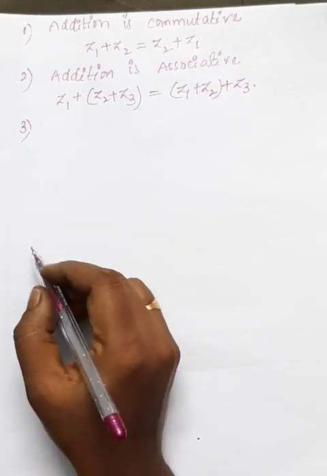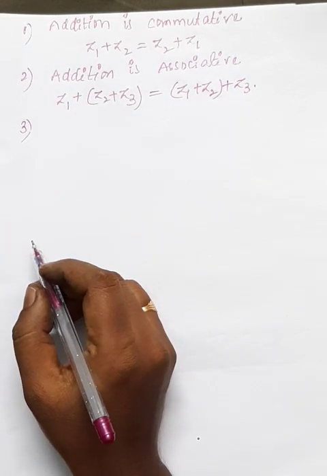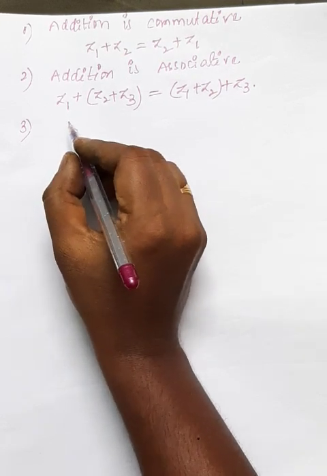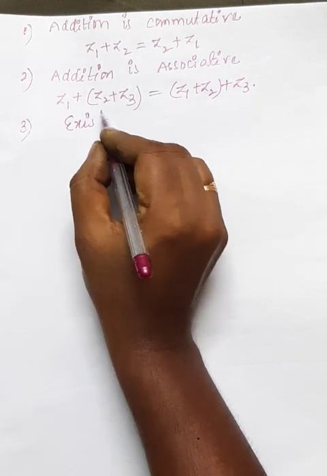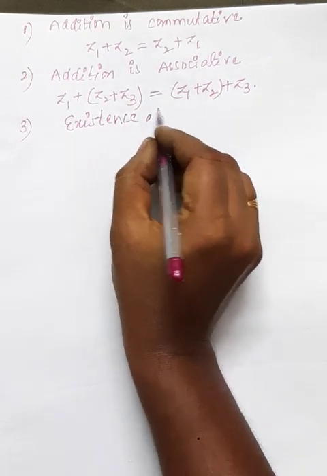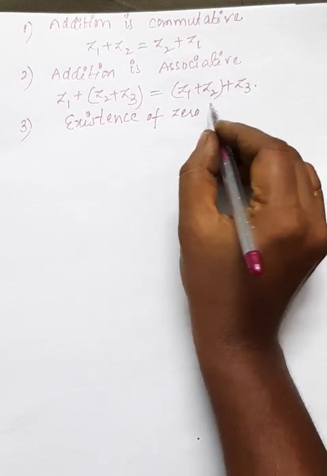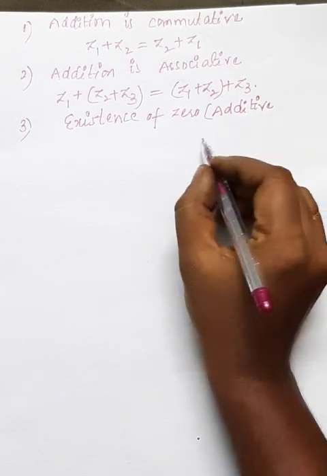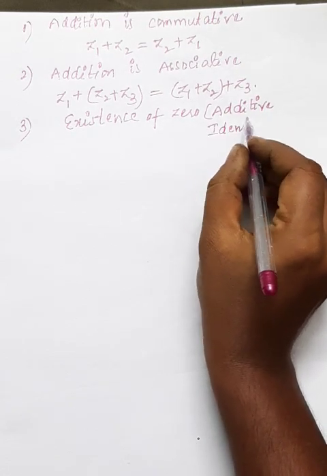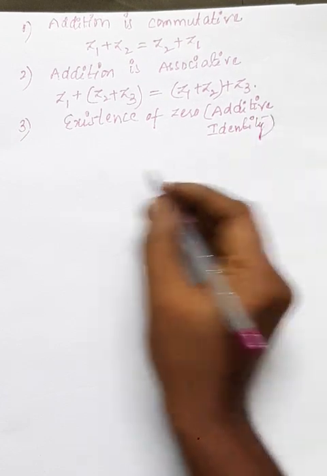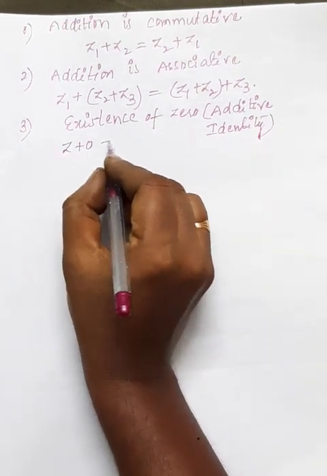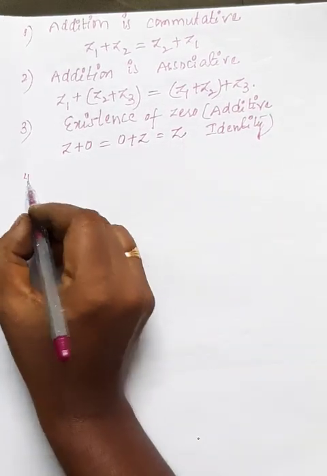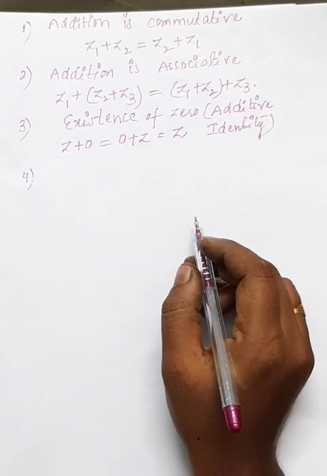Now the third property is that there exists an additive identity, the existence of 0, where 0 is the additive identity. That is, z plus 0 is equal to 0 plus z is equal to z, where 0 is said to be the additive identity.